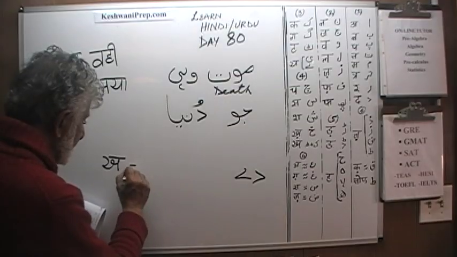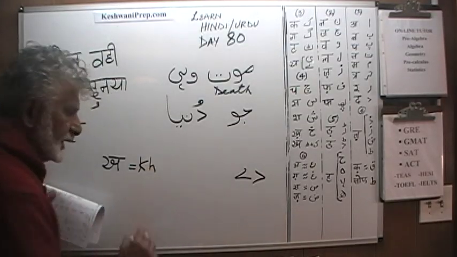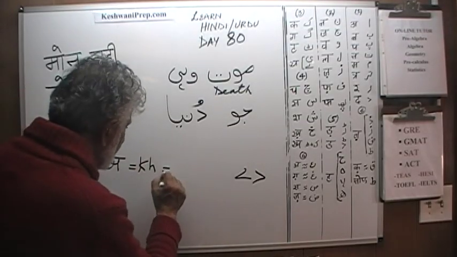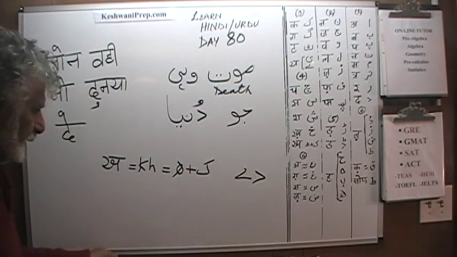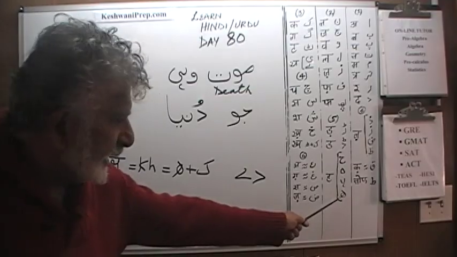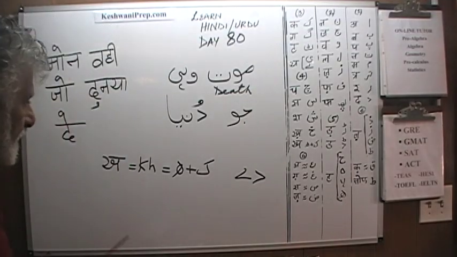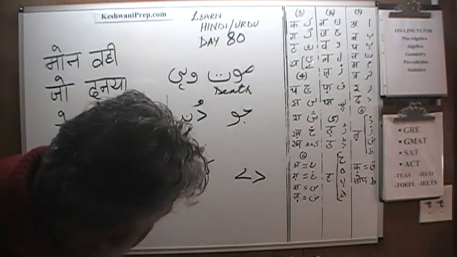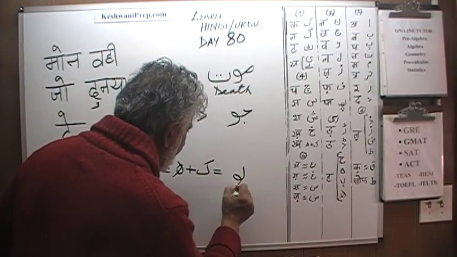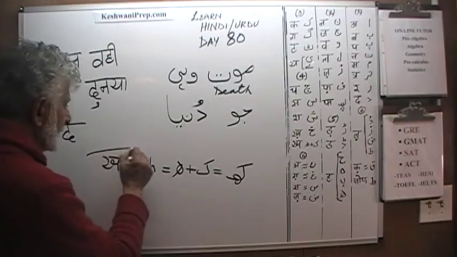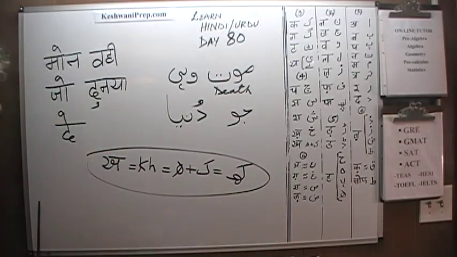Which in English you will make as K and H, which is exactly what we will do in Urdu. We'll take a kaf and join it with a do chashmi hai. Kaf and do chashmi hai, right here, the very last one, is going to produce kha. And when it's put together, it looks like this. Like that. That's a kha. That's what we need here.